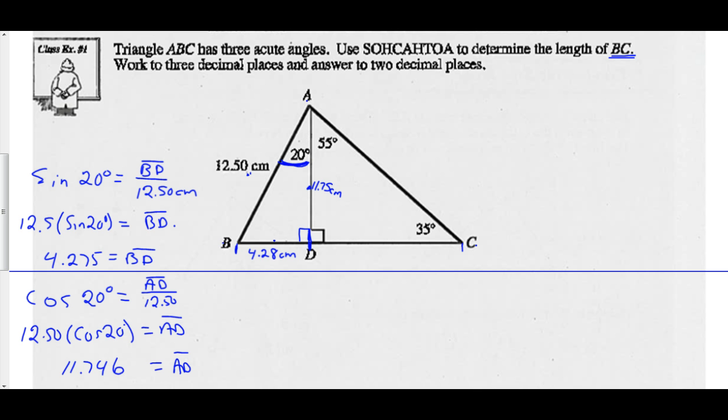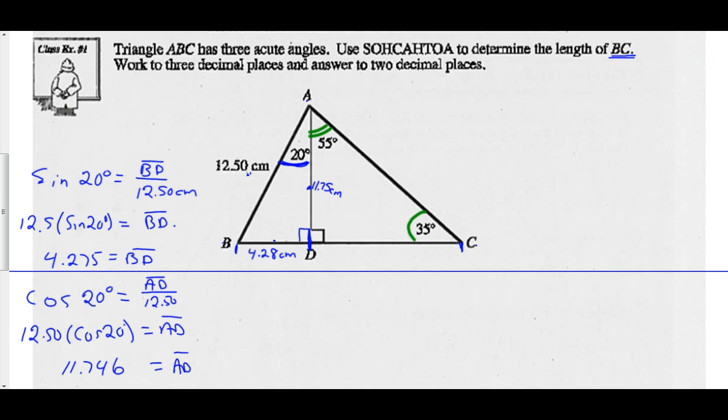We're going to use that length now to figure out the length of side DC. I've got two angles here. It doesn't matter which angle I use, along with the side we just found, to find the length of DC.